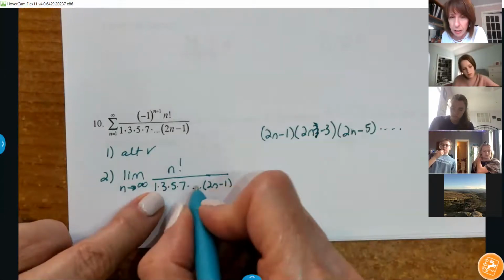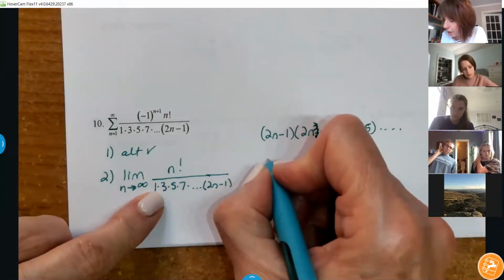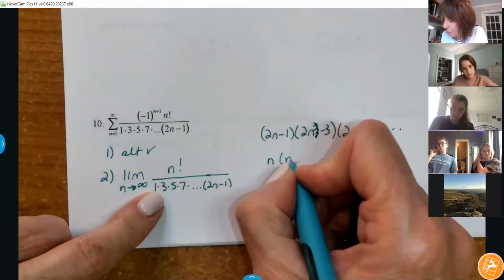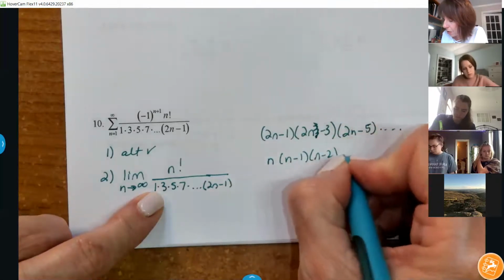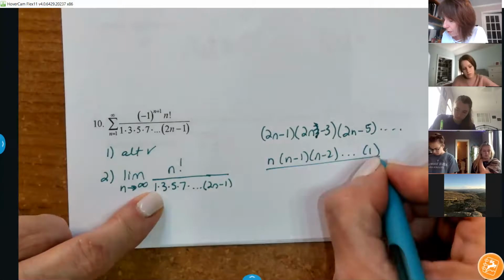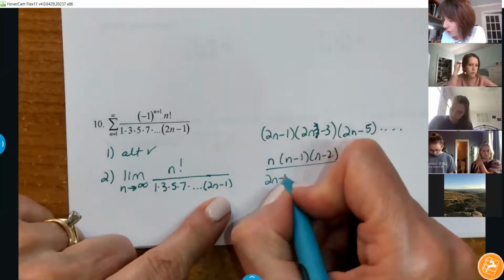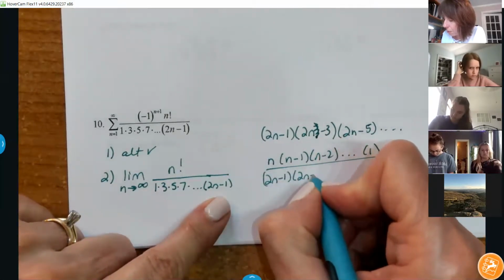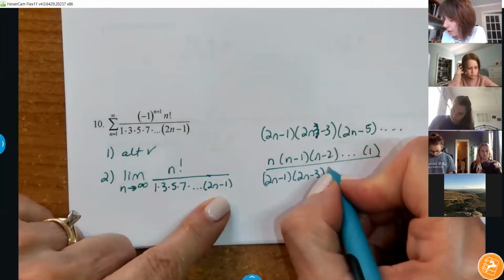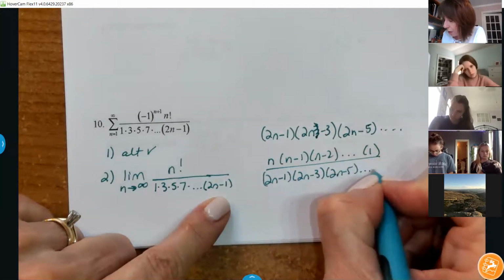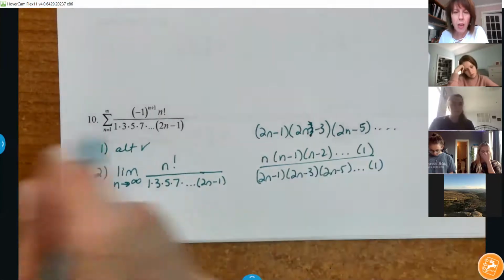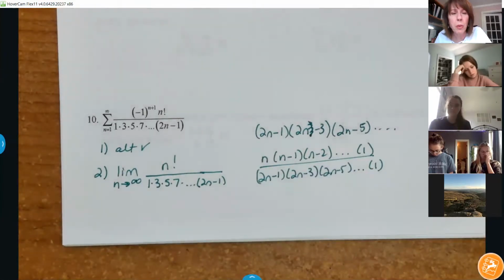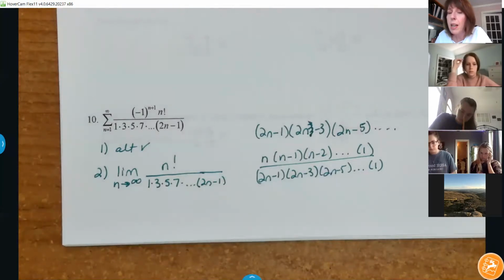If I write it like this, I'd have n times n minus 1 times n minus 2 all the way down to 1, where this would be 2n minus 1 times 2n minus 3 times 2n minus 5 all the way down to 1. Which is bigger, you guys? Which is bigger here, the top or the bottom?